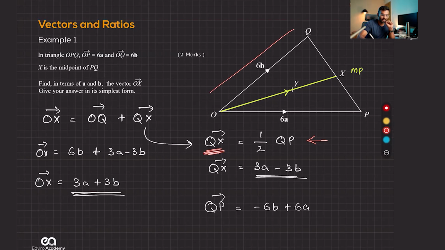QP was going opposite direction of 6b, so that's why I have minus 6b, and I'm going in this direction of OP, which is 6a. Opposite direction, yeah, that's why it's negative. And when I say it's a half, I just write the half of it.